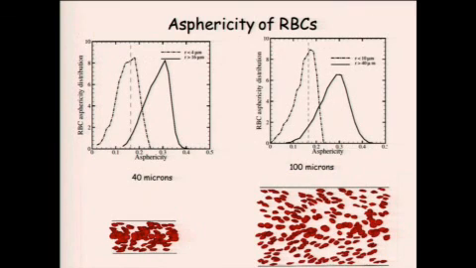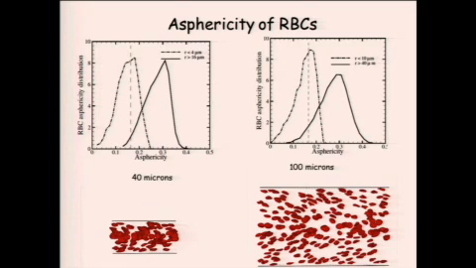Now, one of the things we can do is take a slice through the tube and look at the cells and their distribution visually. We can also measure the asphericity. The asphericity is, not surprisingly, defined to be 0 for spheres. It's also derived from the second moment of area.